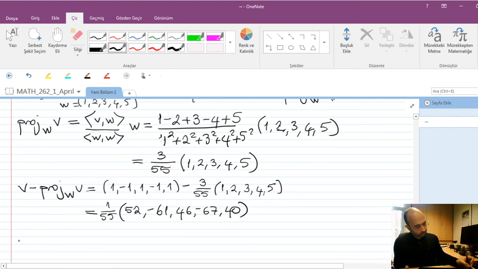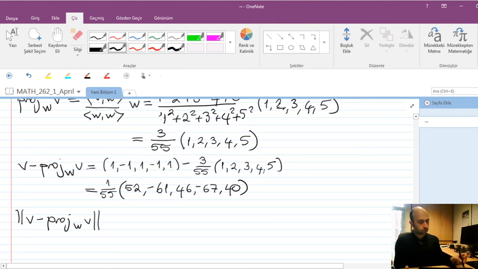Then the next thing is you want to look at the length of this vector. Again, our inner product is standard, so this 1 over 55 will come out as a common factor, and for the others you use the Pythagoras rule. I mean, just square them up, add them up, and then take the square root.